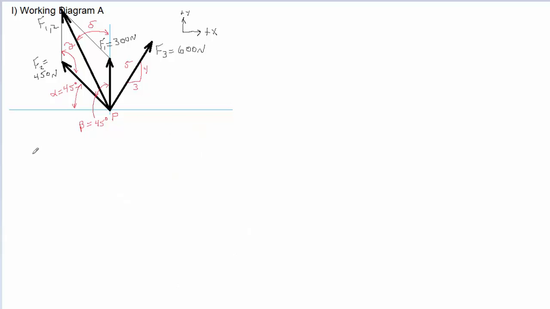Now that we've found the value of F1,2, the next step is to figure out what the direction is, the angle. So that's my step 3.